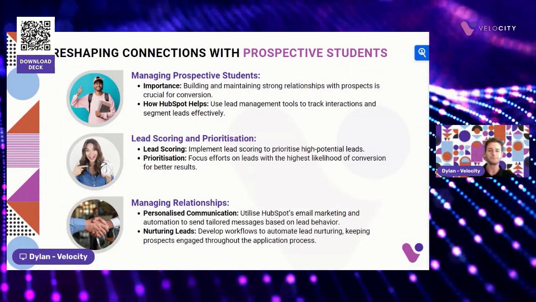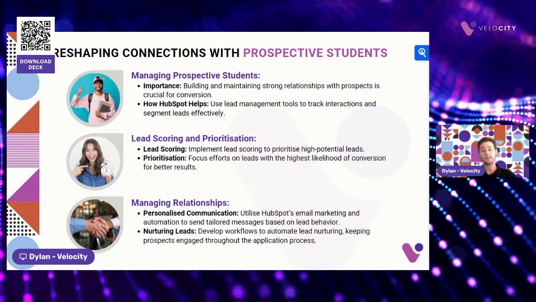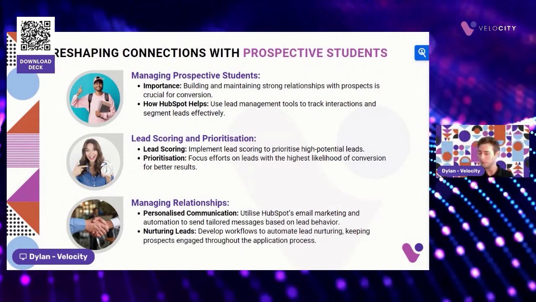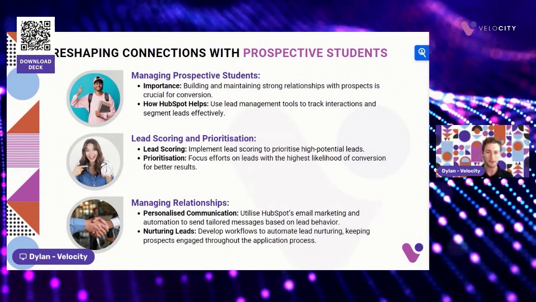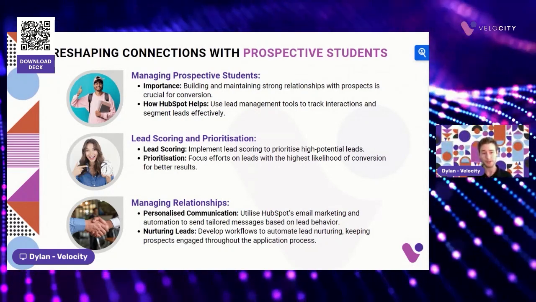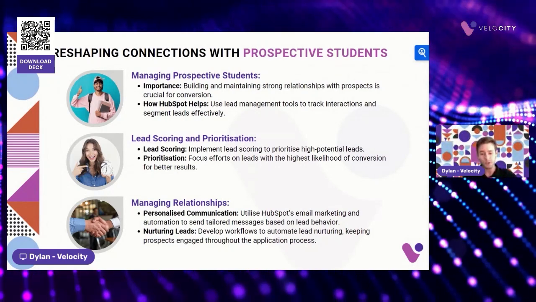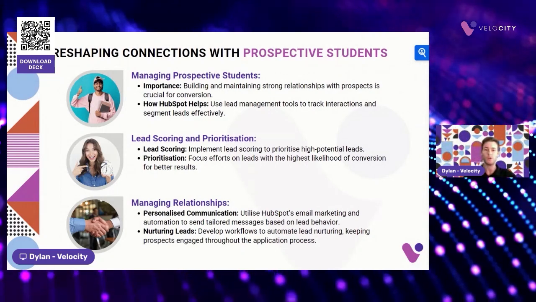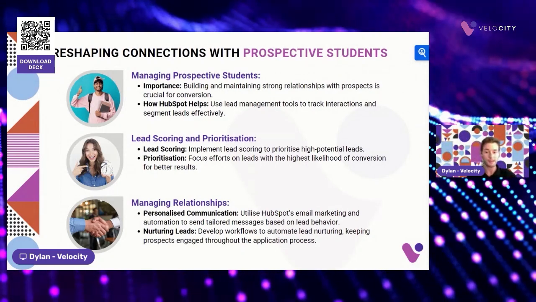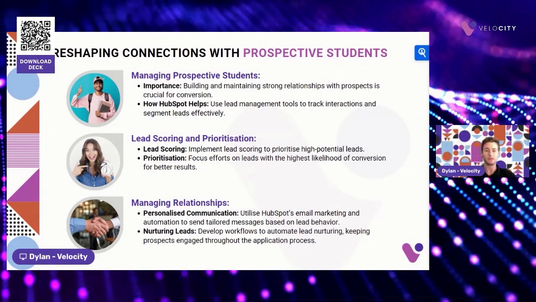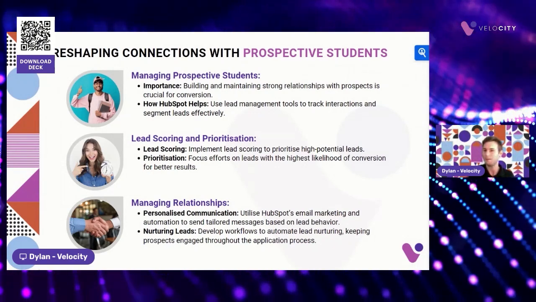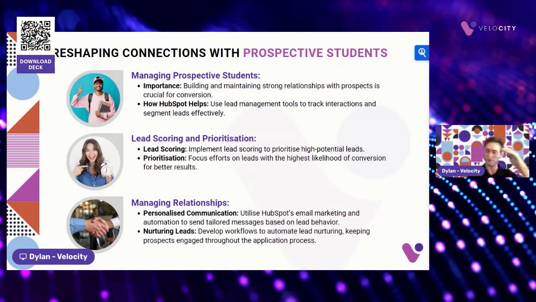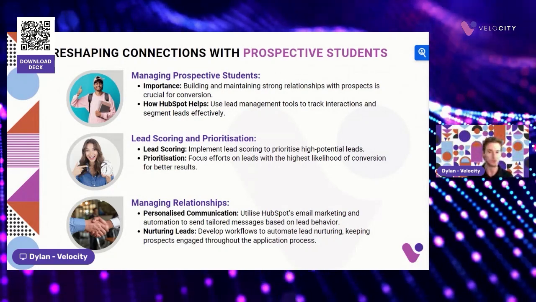when it comes to lead scoring and prioritization, not all leads are created equal. Lead scoring helps you prioritize which prospects are likely to convert, allowing you to focus your efforts on what's more important, what's more likely to close. Ultimately, it's like sorting your inbox into what you need to prioritize and what's not so important right now.